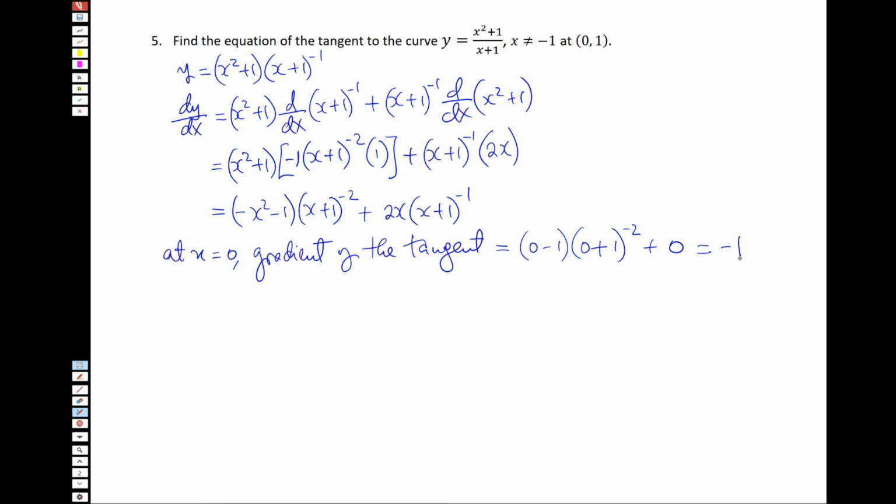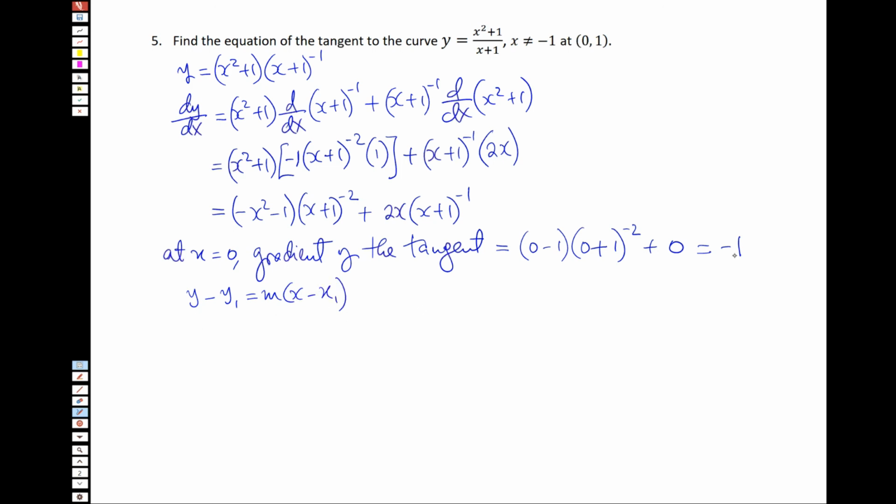Now we can find the equation of the tangent using the point slope formula. Alternatively, since x equals 0, we know that that's the y-intercept, so you can just write the equation. But I'll just use the point slope formula because that's a general method that can be applied in any other question. So the point slope formula states that y minus y1 equals m into x minus x1.